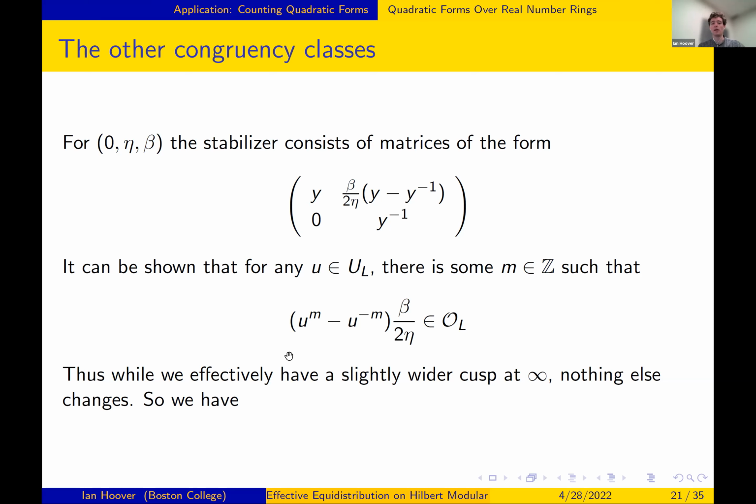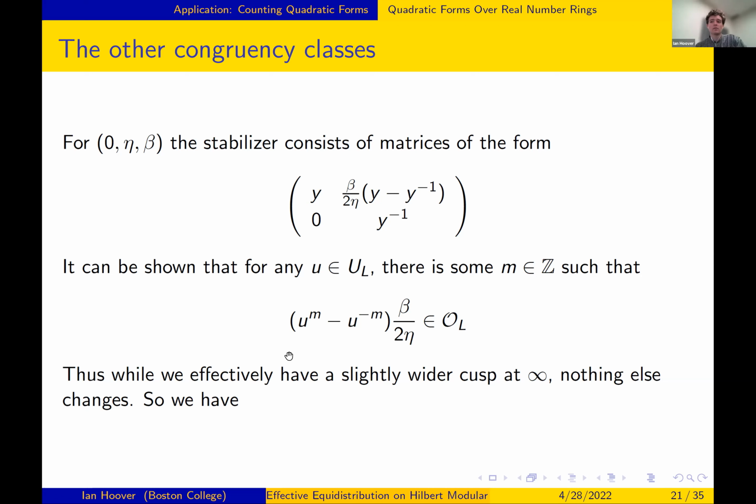Hypothetically, if you wanted to know specifically what that new width was, and you had a specific discriminant and a specific number ring in mind, you could compute it.